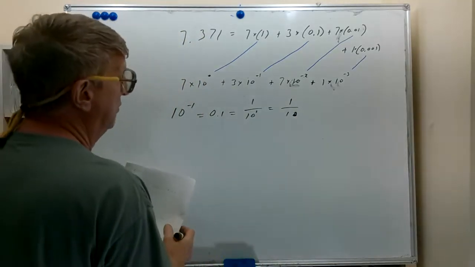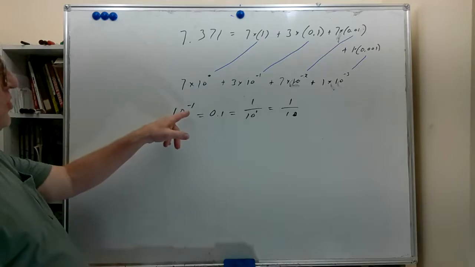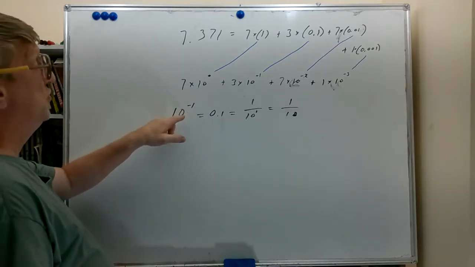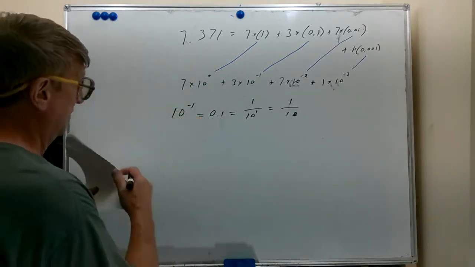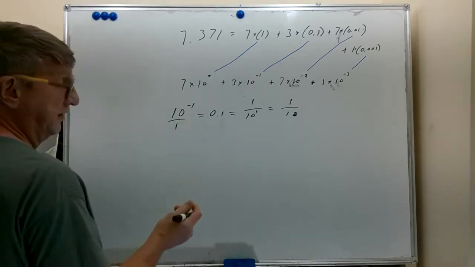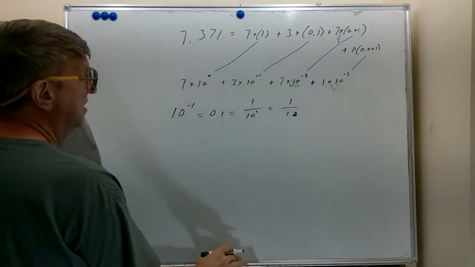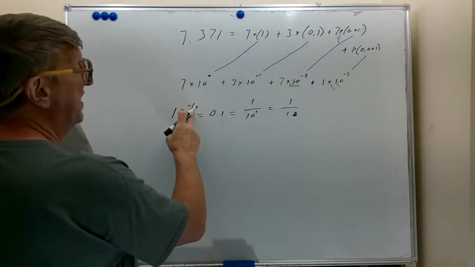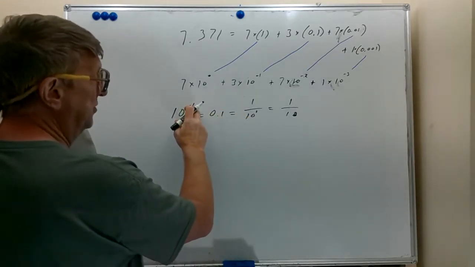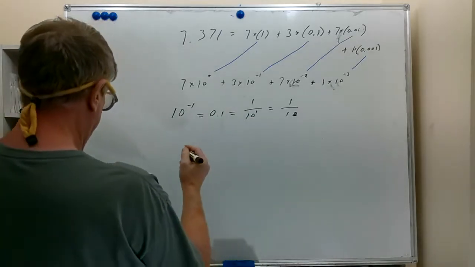You may or may not notice that this 10 to the negative 1, we move that to the denominator, because you can put the 1 over that on any number. The sign of the exponent changed when we moved from the numerator to the denominator.